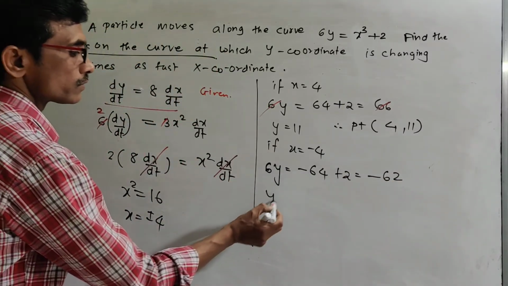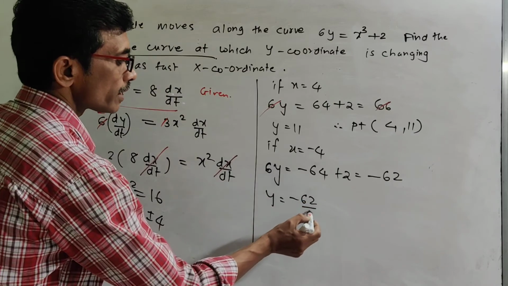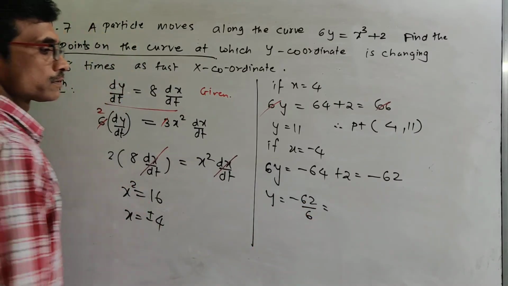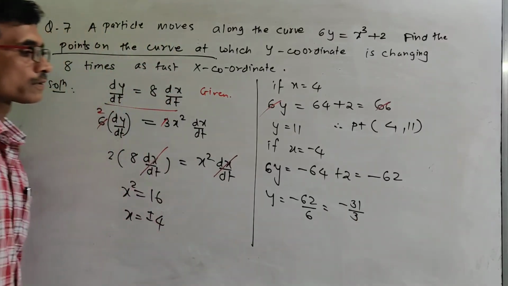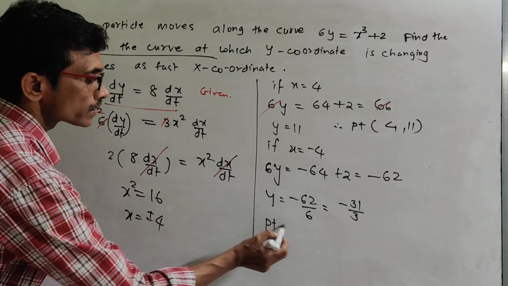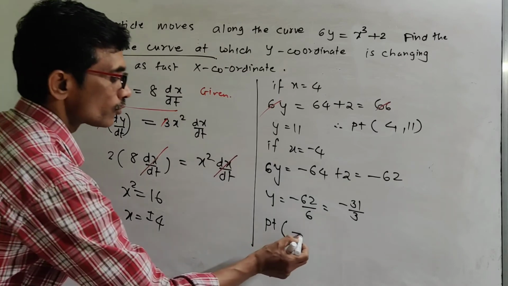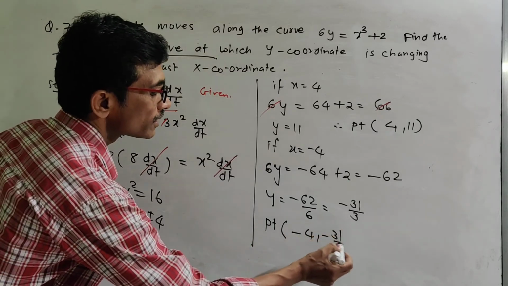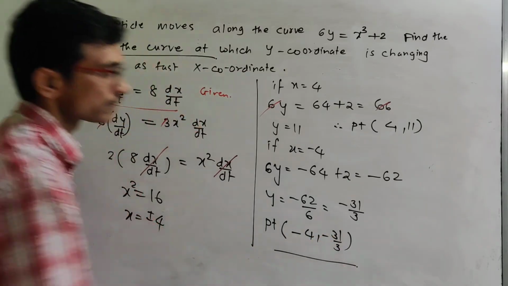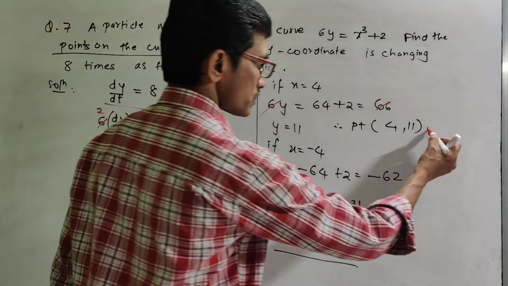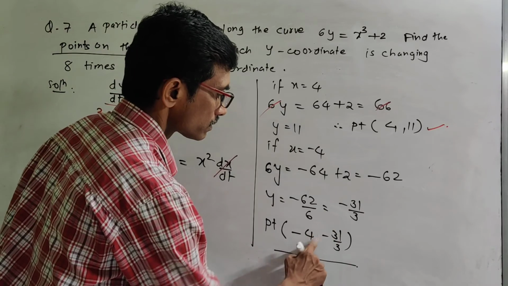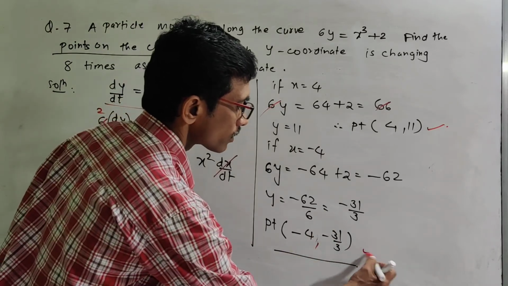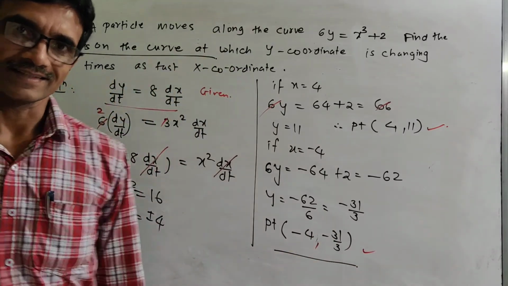So y is equal to minus 62 divided by 6, which is minus 31 upon 3. So another point is what? Minus 4 comma minus 31 upon 3. So these are the possible points. One is (4, 11) and another is (-4, -31/3).